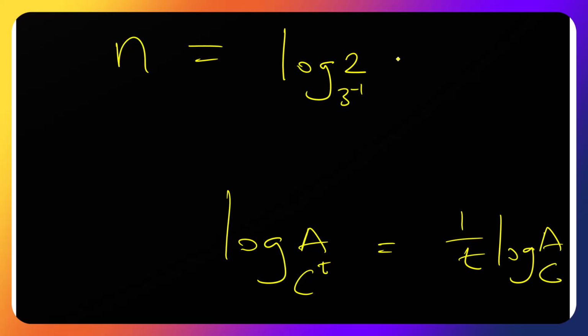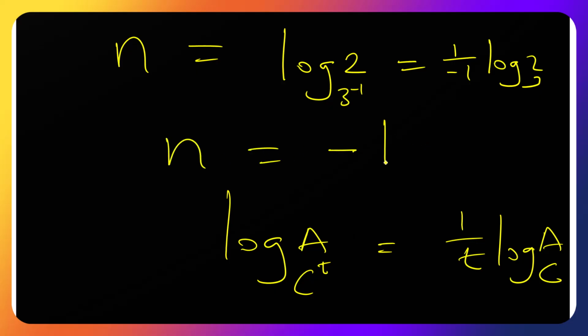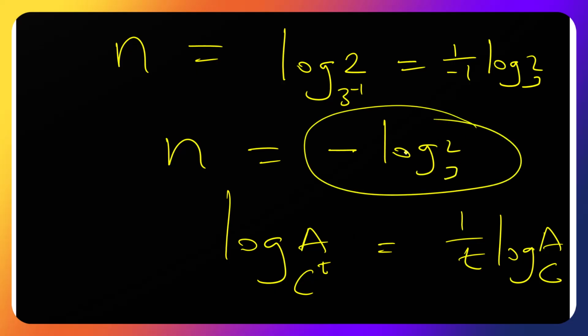So this side will be 1 over minus 1 log 2 to base 3. So it means n is negative log 2 to base 3. So this is the answer.